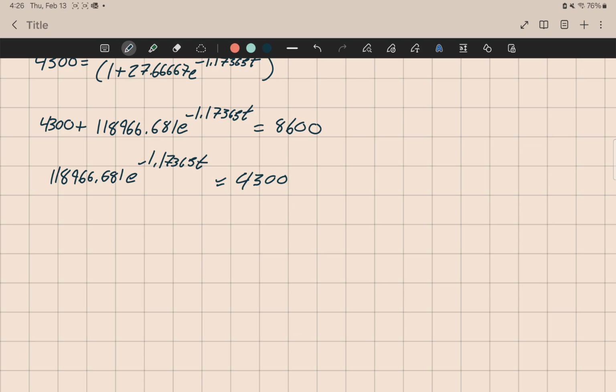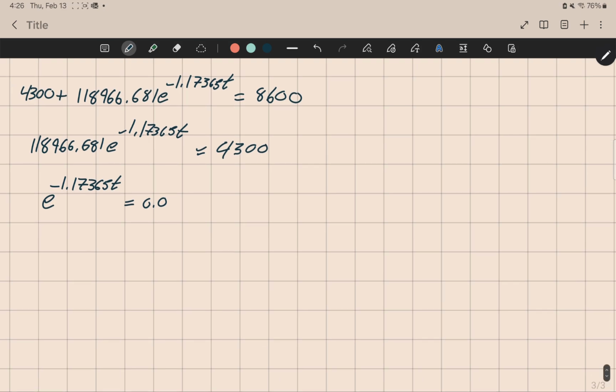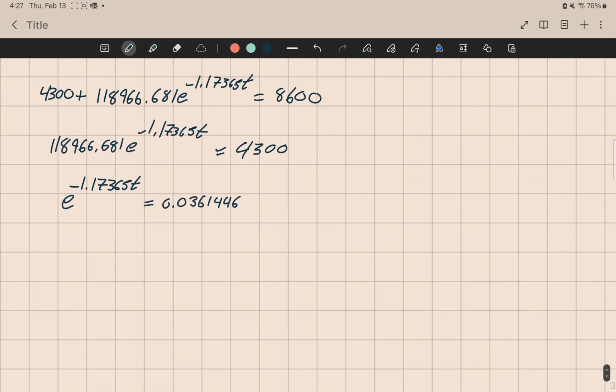So we're going to take 4,300, divide it by that 118,966.681, and we end up with e to the negative 1.17365 t is equal to 0.0361446, right? 0.0361446. Yep.